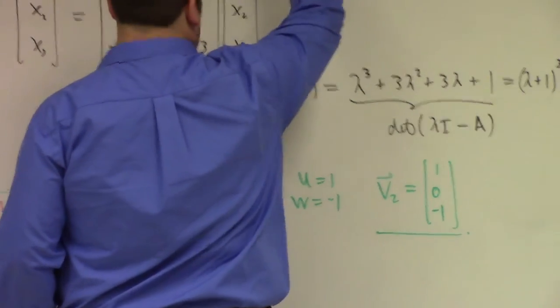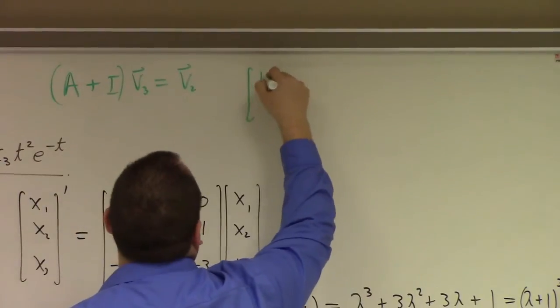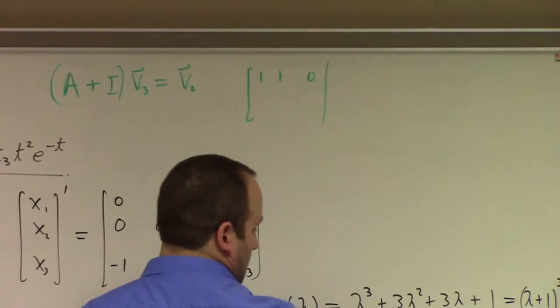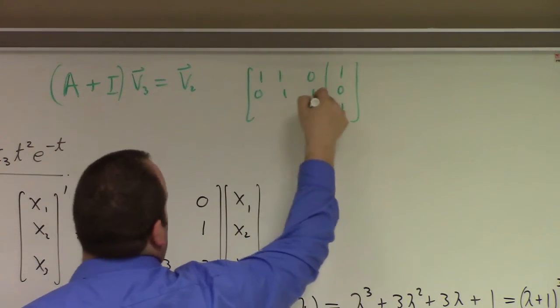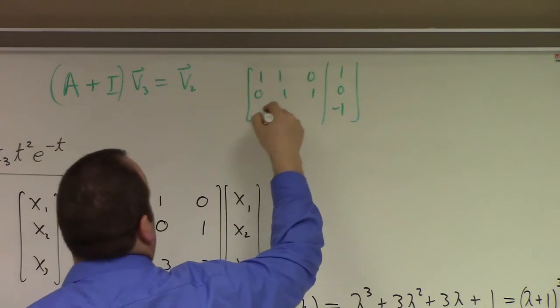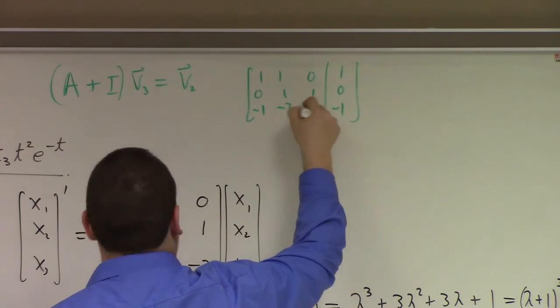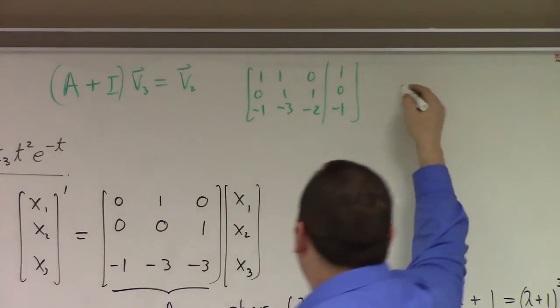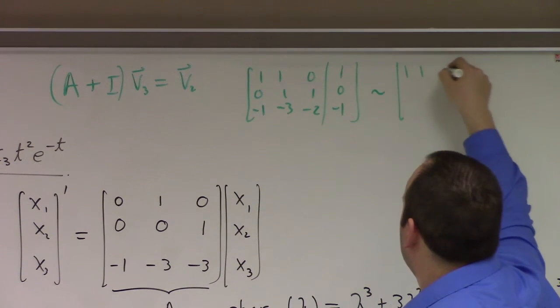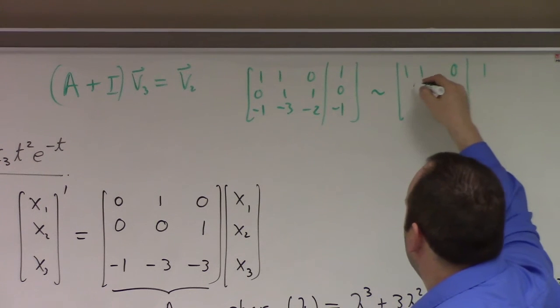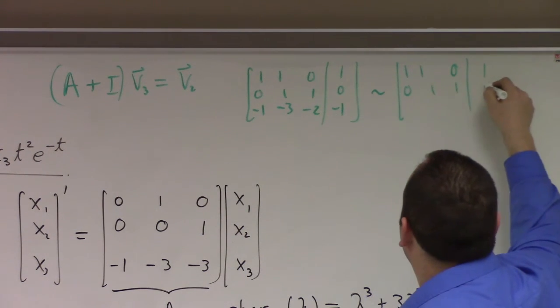We were looking at 1, 1, 0, 1, 0, minus 1, 0, 1, 1, minus 1, minus 3, minus 2. Okay, basically the same row reduction, I believe. So we get 1, 1, 0, 1. We get 0, 1, 1, 0.